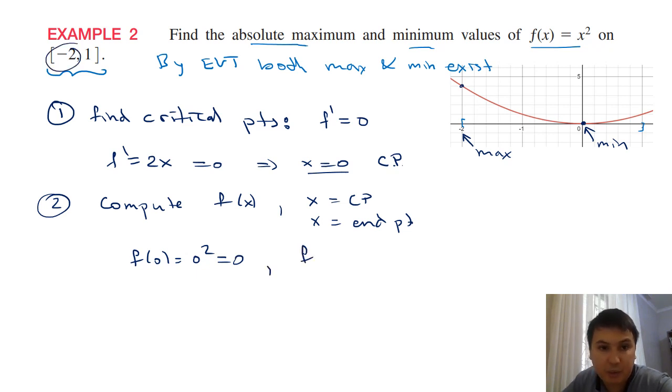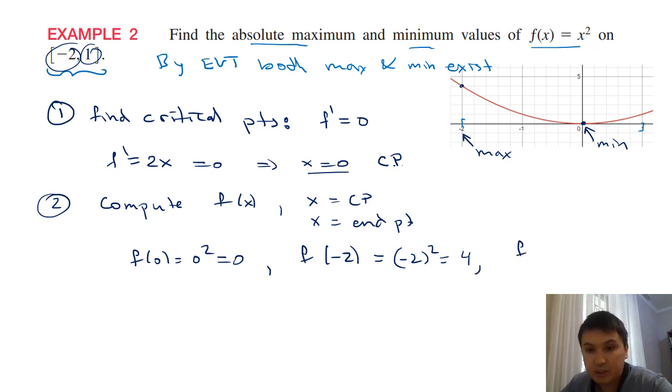I have -2 and 1. At -2, if you plug in -2, it's -2 squared, this is 4. And at 1, f of 1 is equal to 1 squared, this is 1. So I came up with the set 0, 1, and 4, right? Just look at these points.